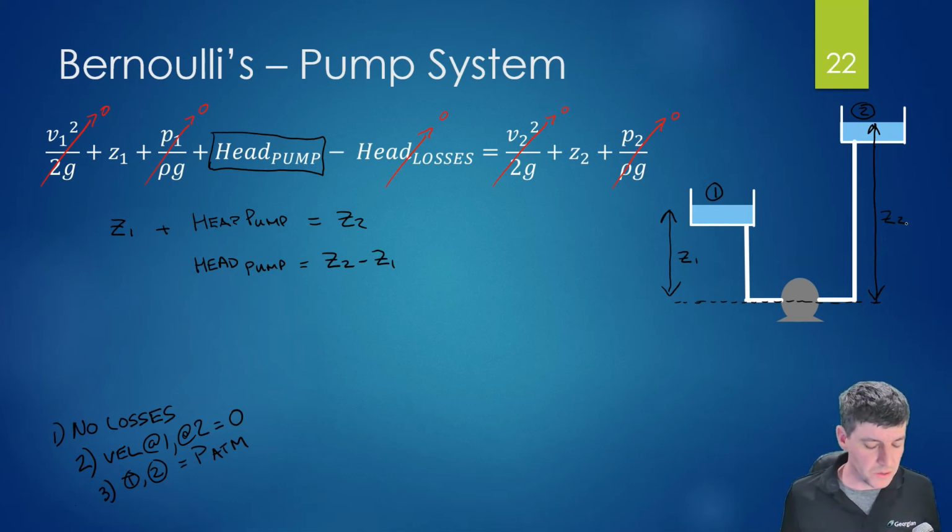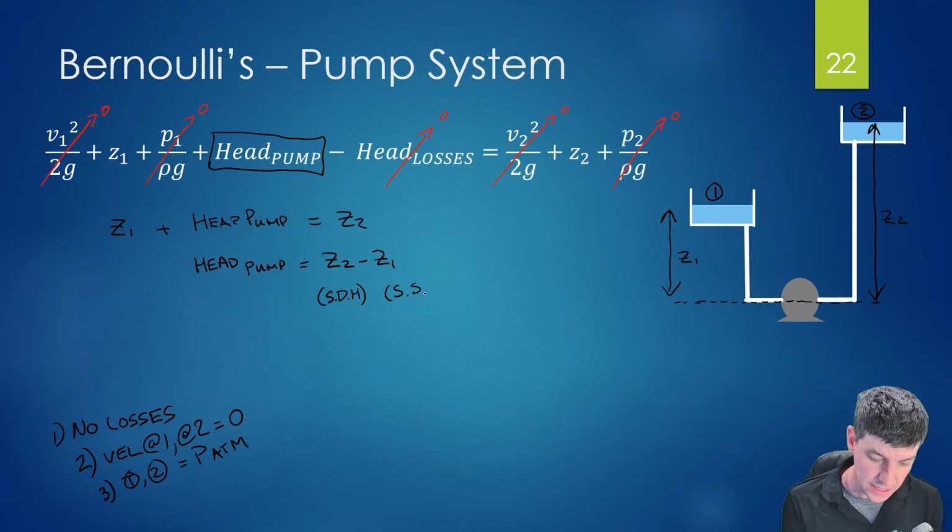And if we relate these to what we just did, Z2 would be equivalent to my static discharge head, right? So that would be like my static discharge head. My Z1 would be my static suction head. And my head from my pump would be my total suction head.